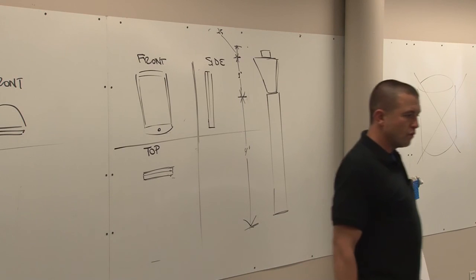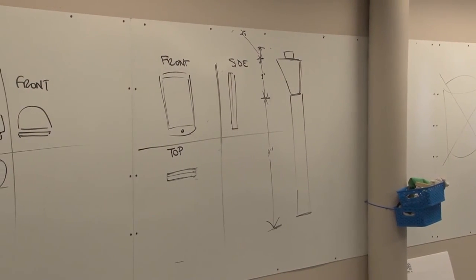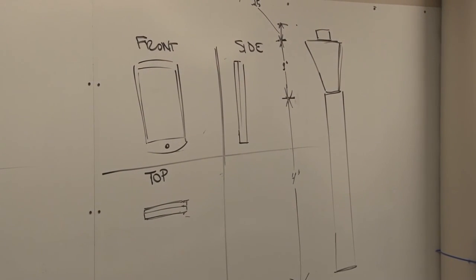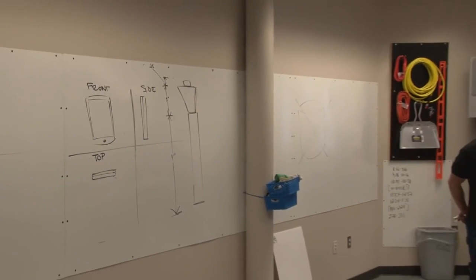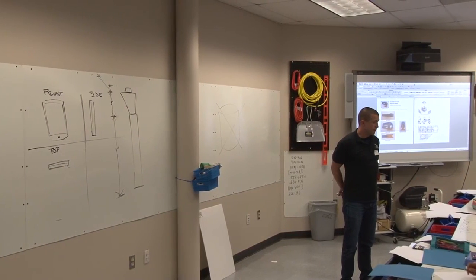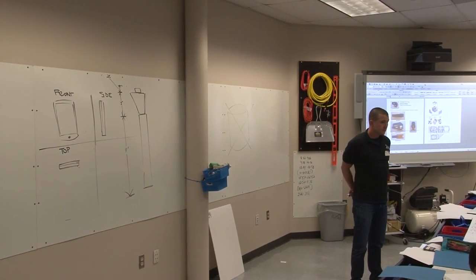So for homework this evening, you don't have to write it down, just listen and remember it. For homework this evening, you're going to pick an object, something from your bedroom or anywhere you like, and then do an orthographic sketch of it. Give us at least a top, front, side view, have dimensions, make sure they're aligned properly, and try to pick something a little more complicated than just like a brick.